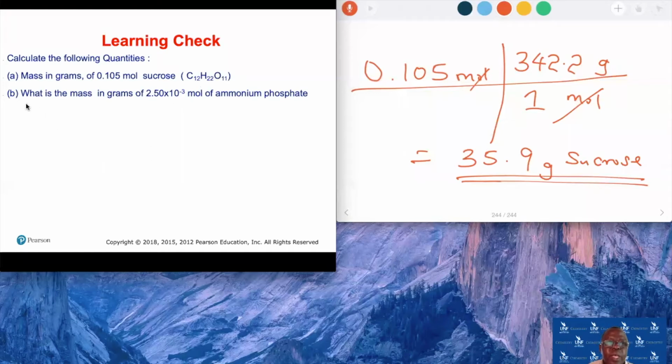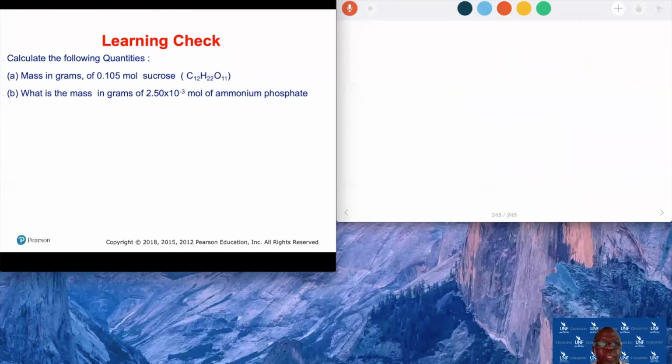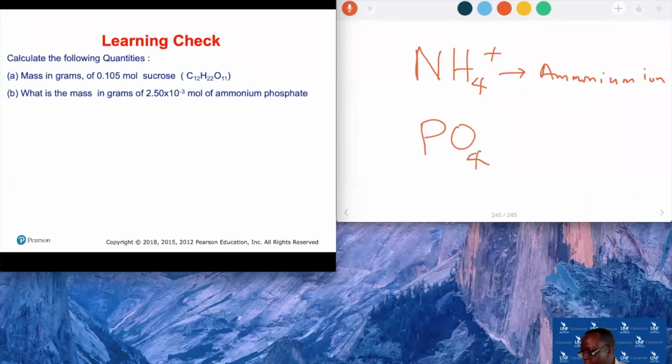But in B, you are not given the formula for the ionic compound. You are expected to translate the chemical name to the chemical formula. Ammonium phosphate: this is ammonium ion, it is positive. And then how do I know the other? You should be able to write the formula for phosphate.